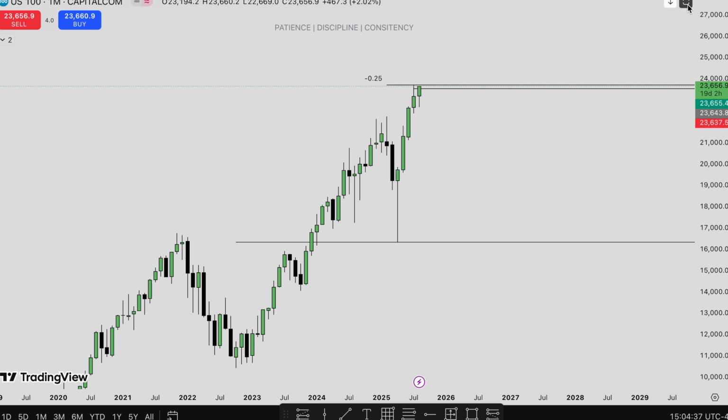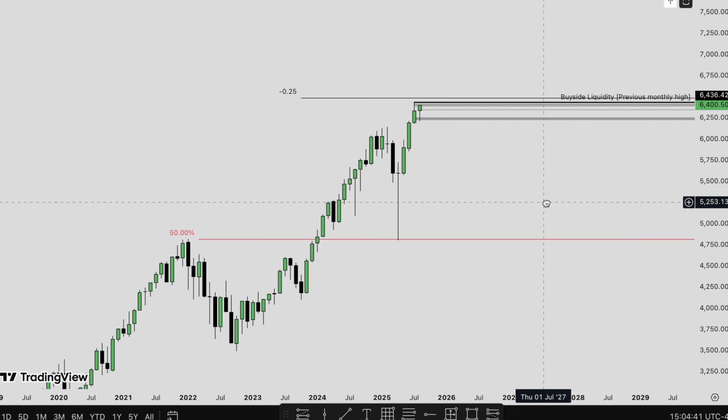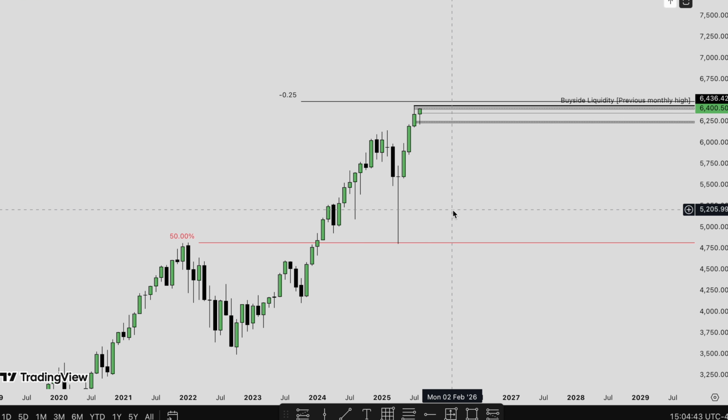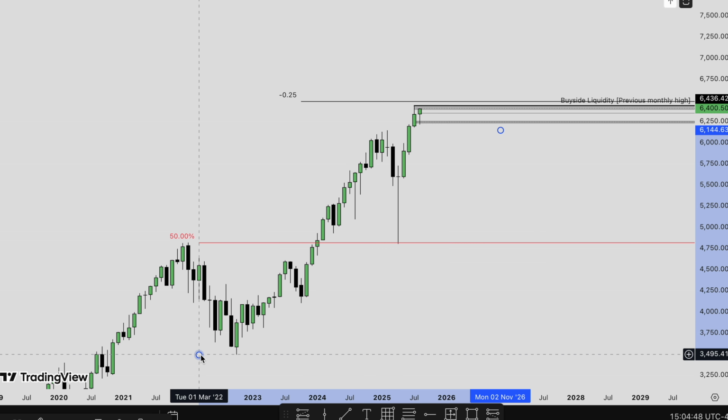So if we look at US 500, so this is US 500 right here, and the same applies on this side. I had marked this low, as you can see there, from this low to that high, if you just look at the cursor, to that high over there, right?